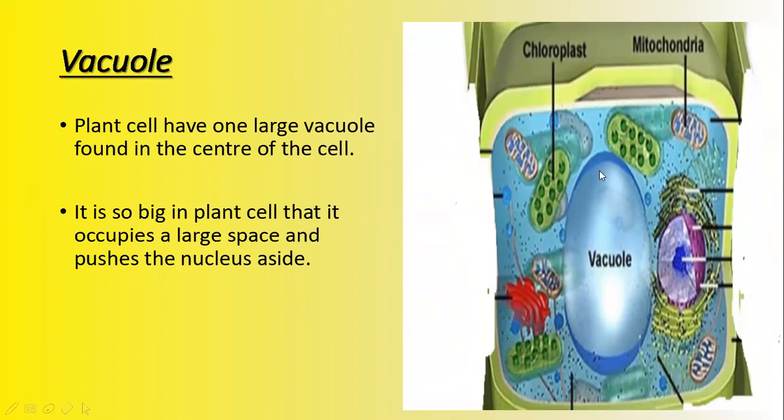This is vacuole. This is mitochondria. And this is chloroplast. So the vacuole is large in size, found in the center of the cell. It is so big in a plant cell that it occupies a large space and pushes the nucleus to one side.